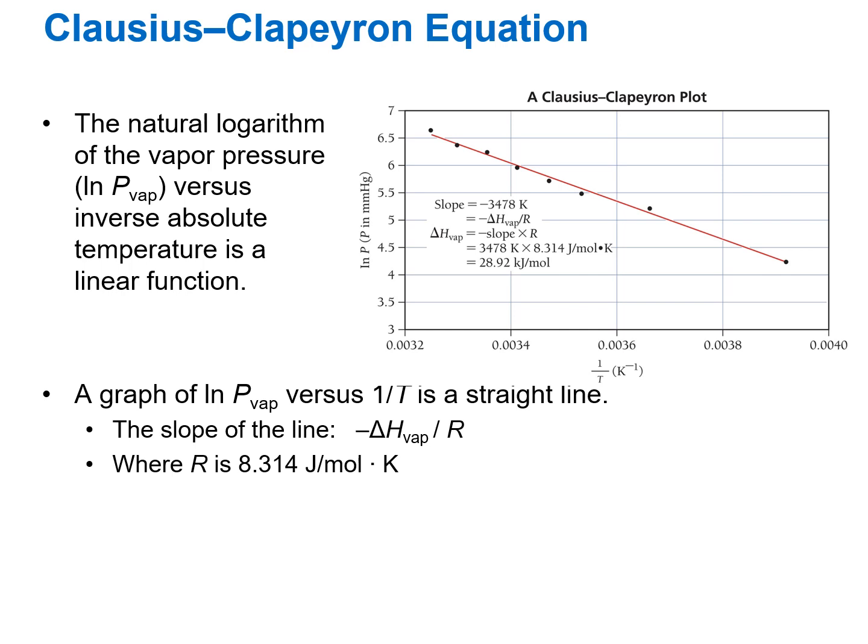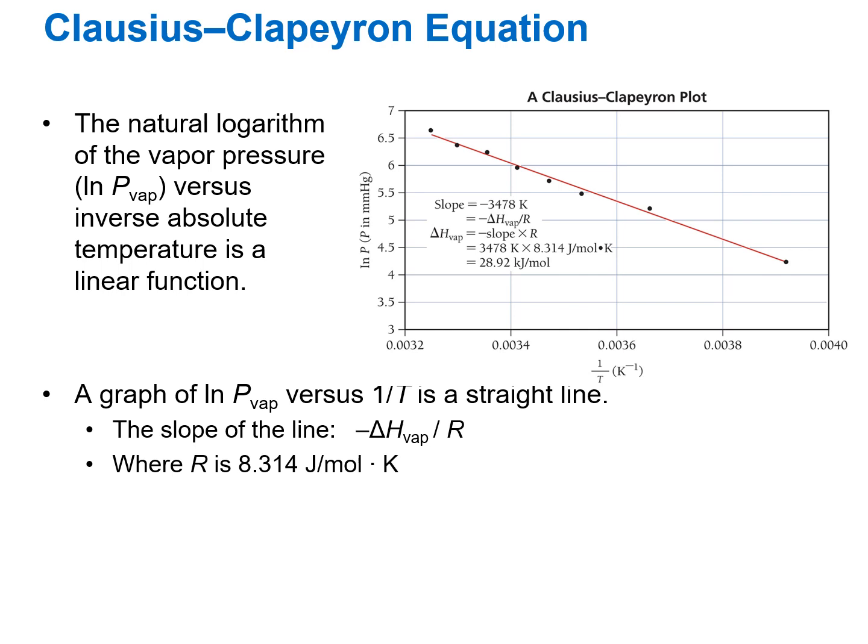So if we look at the work that was done here, we can see that it says the natural logarithm of the vapor pressure versus the inverse absolute temperature is going to be a linear function. And that's what we see here. So our equation says that the slope is going to be equal to this value right here, and they put it into a formula, which is the enthalpy of the vapor over R, where R is equal to this other gas constant value, 8.314 joules per mole Kelvin.